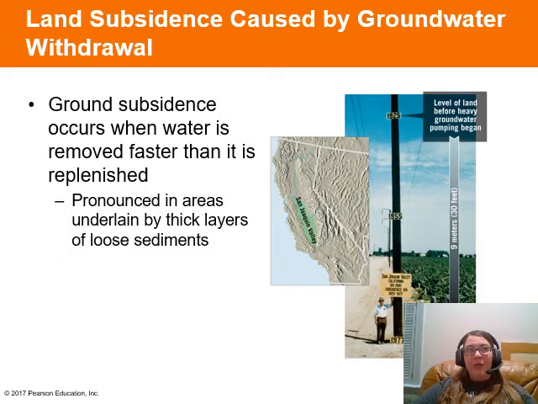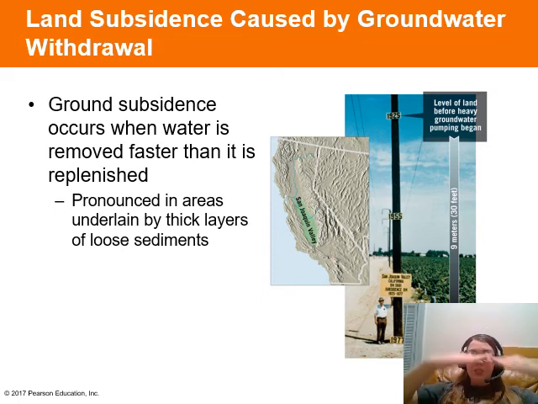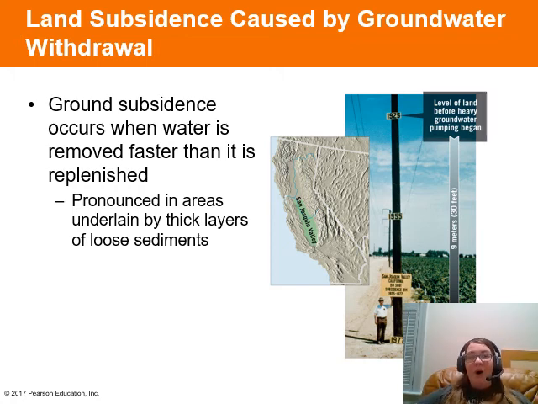When we start lowering our water table by taking out too much of the groundwater, in addition to just running out of water, we can also see something called land subsidence developing, where the land itself is just going to start subsiding or sinking down. And that's because when we are looking at that zone of saturation, all of the holes in that rock or sediment are filled with water.